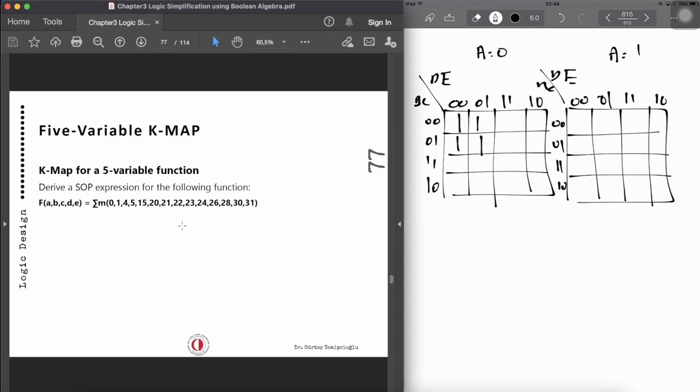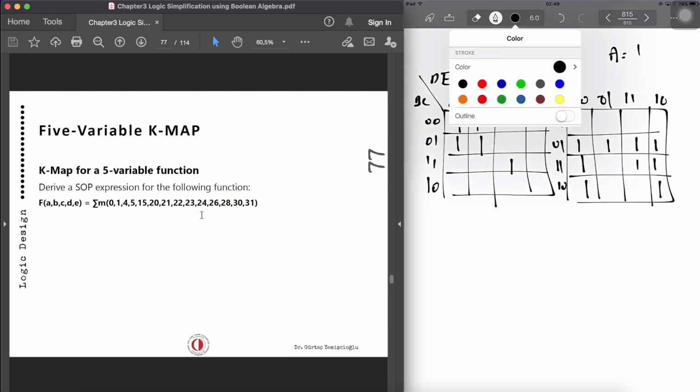Minterm 15, minterm 20, 21, 22, 23, 24, 26, 28, 30, and 31. These are included and the rest are just zeros.